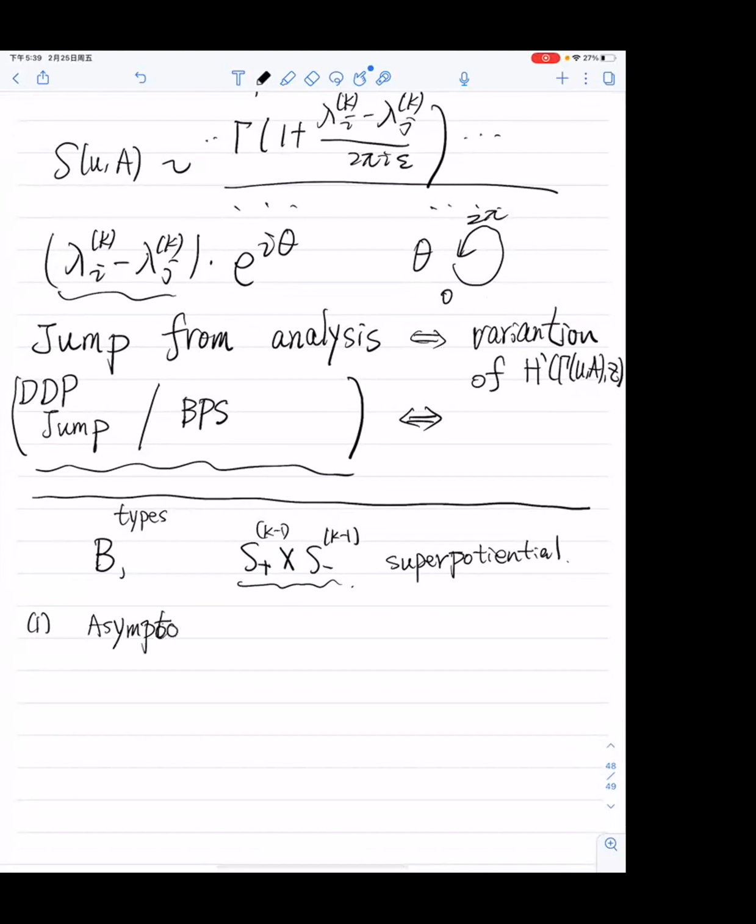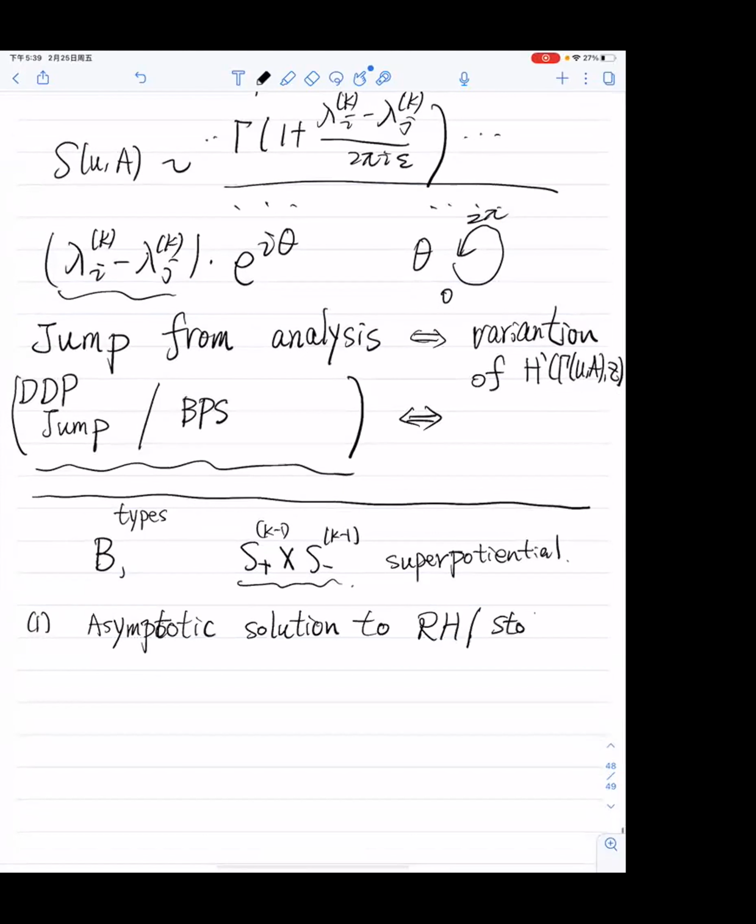So we need the asymptotic solution to the Riemann-Hilbert problem, to the Stokes data. Otherwise, we have no way to compare two sides.